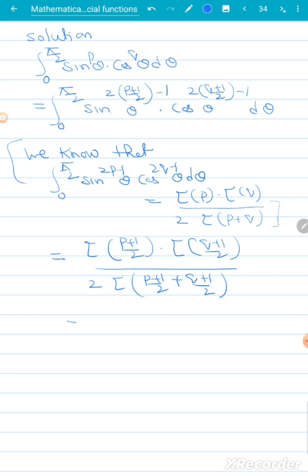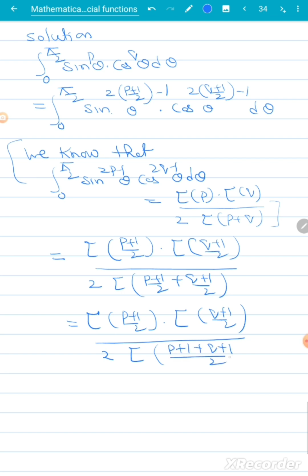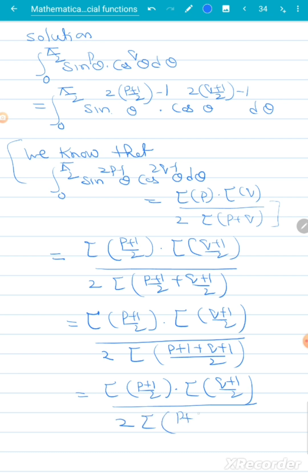So this is equal to gamma of (p plus 1) by 2 into gamma of (q plus 1) by 2, by 2 into gamma of (p plus q plus 2) by 2.